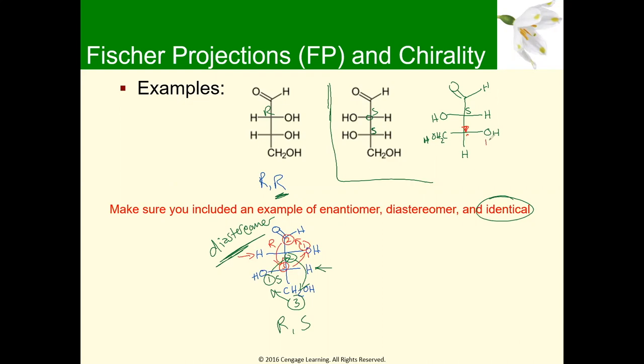Okay, so the OH gets priority 1. Then I've got a carbon connected to an oxygen, and this is a carbon connected to an oxygen, but it's also got a connection to just hydrogens. So that means this gets priority 2, and then this gets priority 3. So it's 1 to 2, 2 to 3, and 3 back to 1.